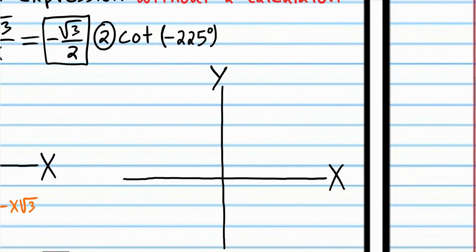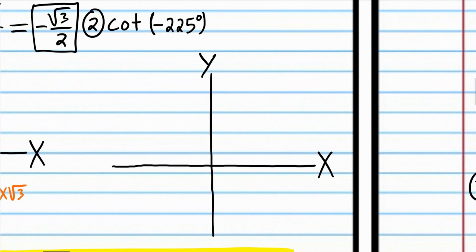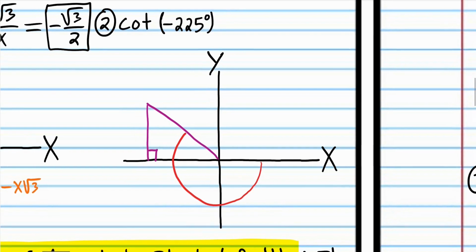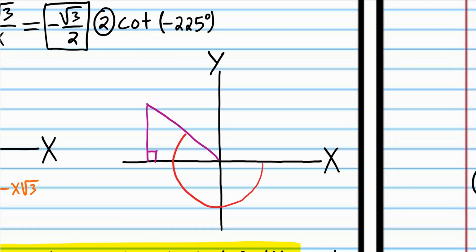Now we have a negative 225 degree angle. Now normally we rotate counterclockwise, but now we rotate clockwise because it's a negative angle. So that's 90 degrees, 180, and we're going to go a little more to get to that 225 degree angle. And we have to calculate this green angle in here.